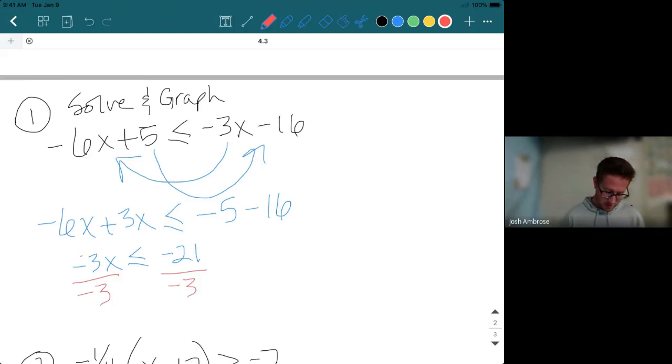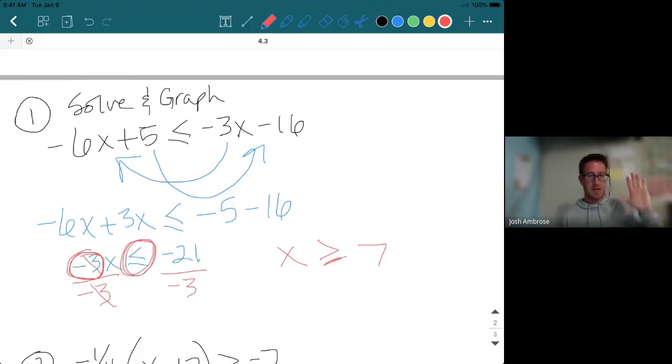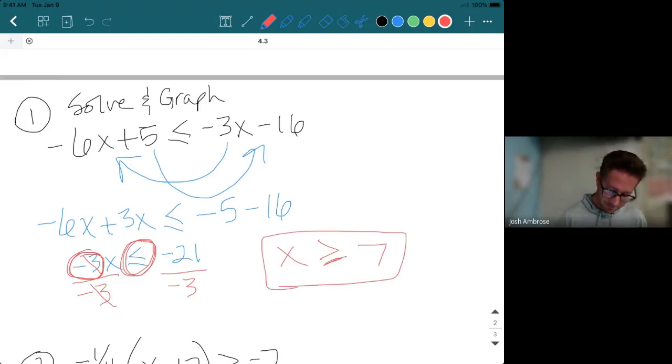We now have x isolated, and negative 21 divided by negative 3 will create a positive 7. But notice that there was a negative coefficient, meaning that I will have to flip the inequality sign. I'm going to circle both of those pieces because a negative coefficient flips the inequality sign, and now we have our final answer, x greater than or equal to positive 7.